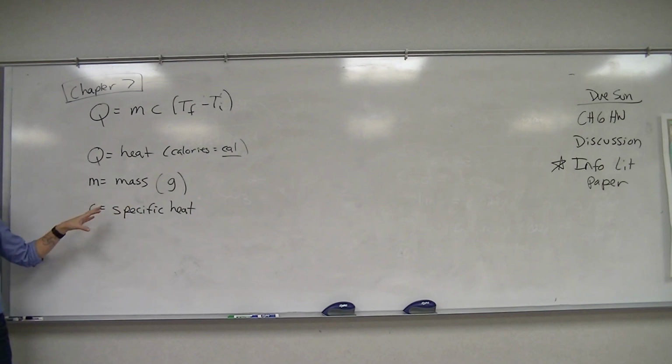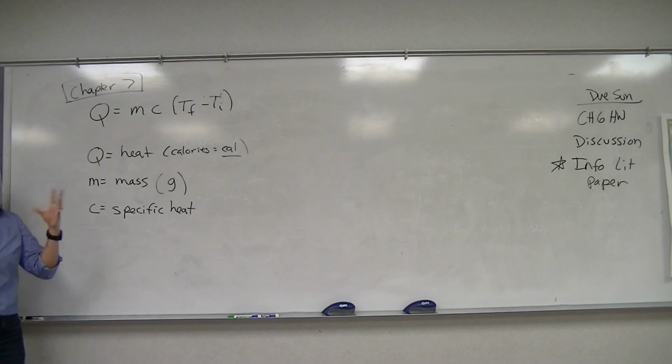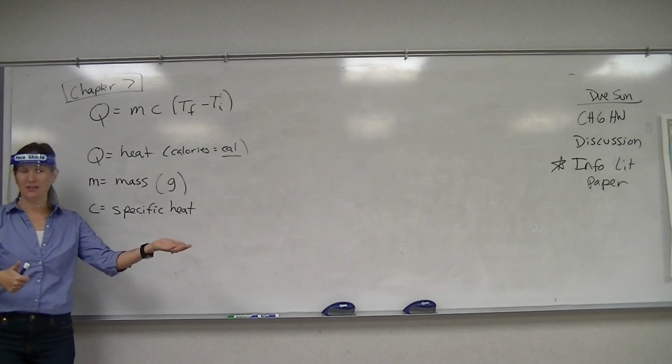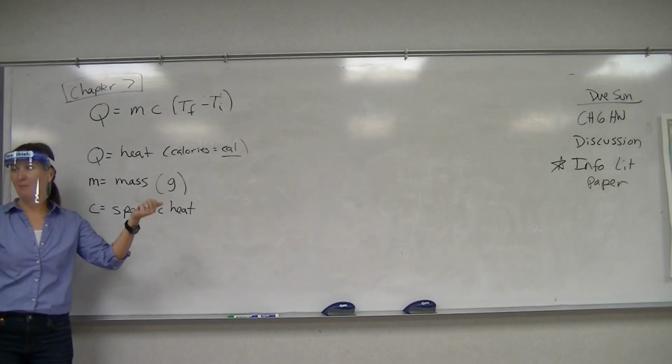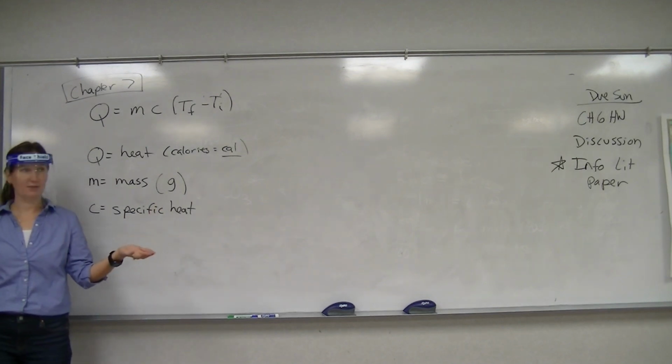Because the definition of specific heat is how much heat is required to make that material move up by 1 degree Celsius. So how much heat do I need to add to it to get its temperature to raise by 1 degree? So aluminum, for instance, is going to have a lower specific heat than water because you can warm up a metal much quicker than you can water, right?